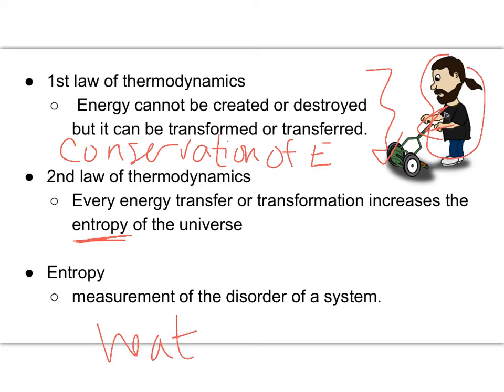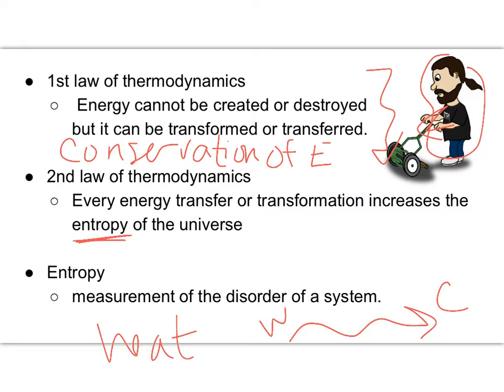So the more heat that the system is creating, the more entropy or the more disorder that's happening in the system. Heat can only be used for work if the system has a temperature difference where heat would flow from a warmer to a cooler area. That's the only way that heat can be used for work.